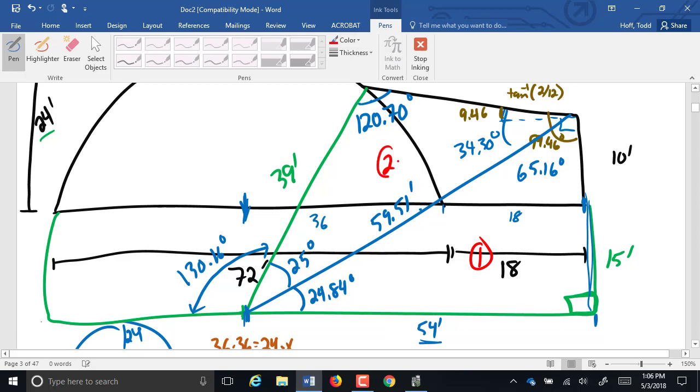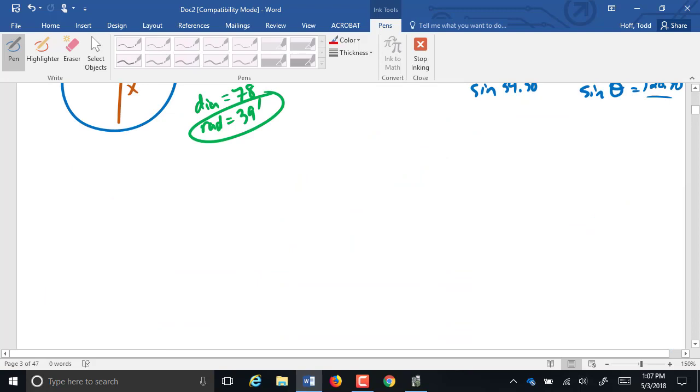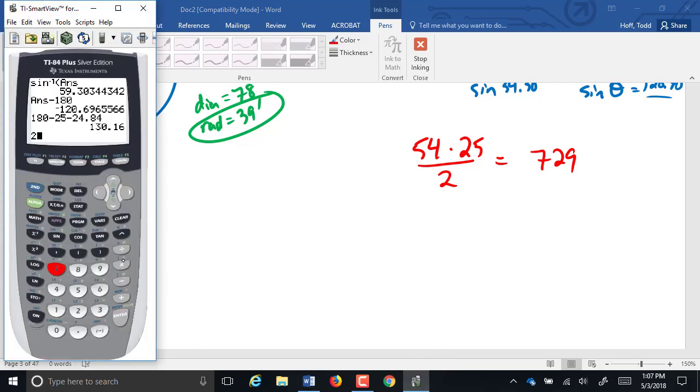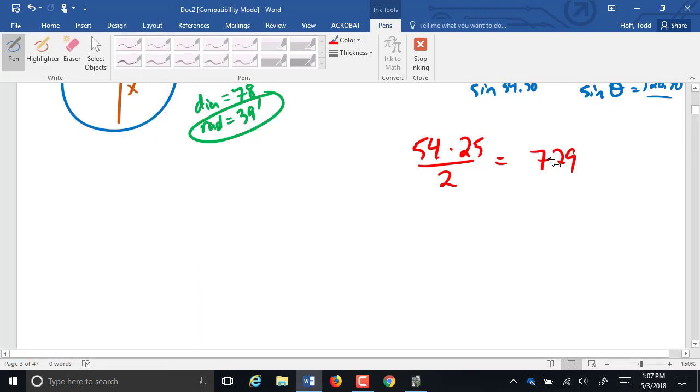So now we are prepared to find 1, 2, 3 areas. Area 1, 54 times 25, divided by 2, which is going to give us, what is that, 729, something like that? No, it's not. 720. Ah, heck, we'll just do it. 675. There we go. Yeah, 675 square feet. So that is area 1.